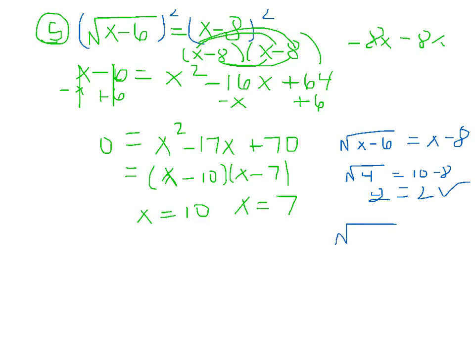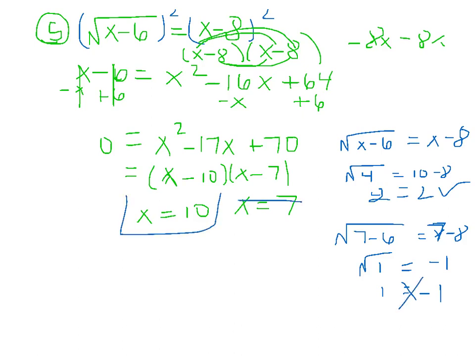So then if we try 7, we end up with the square root of 7 minus 6 equals 7 minus 8. So 7 minus 6 is 1. The square root of 1 is 1. 7 minus 8 is negative 1, so we get 1 equals negative 1, which is not true. So this is extraneous, and x equals 10 is my solution.